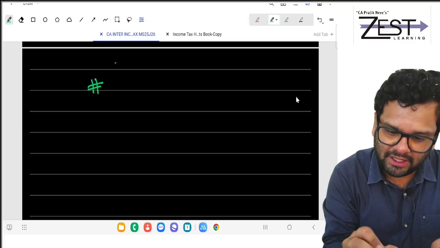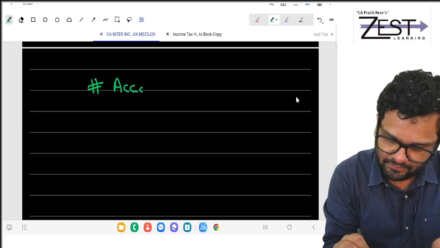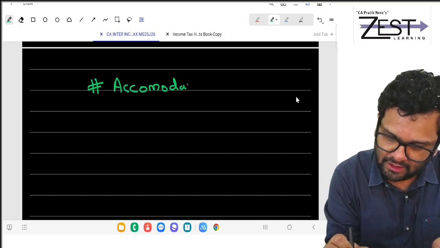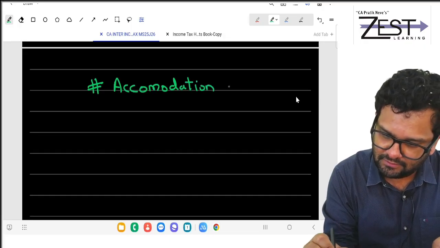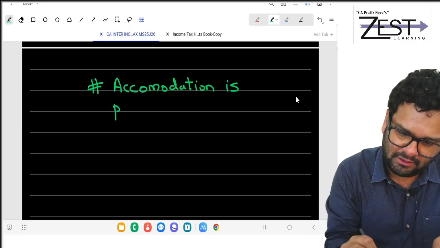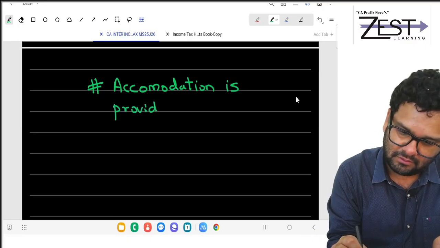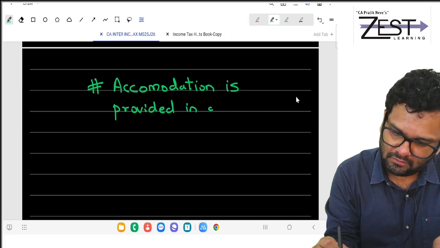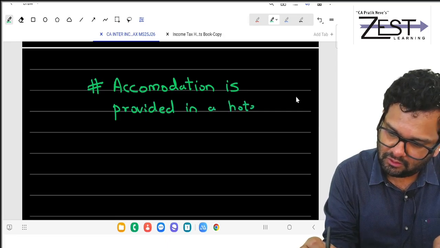So a special point in accommodation: accommodation is provided in a hotel.